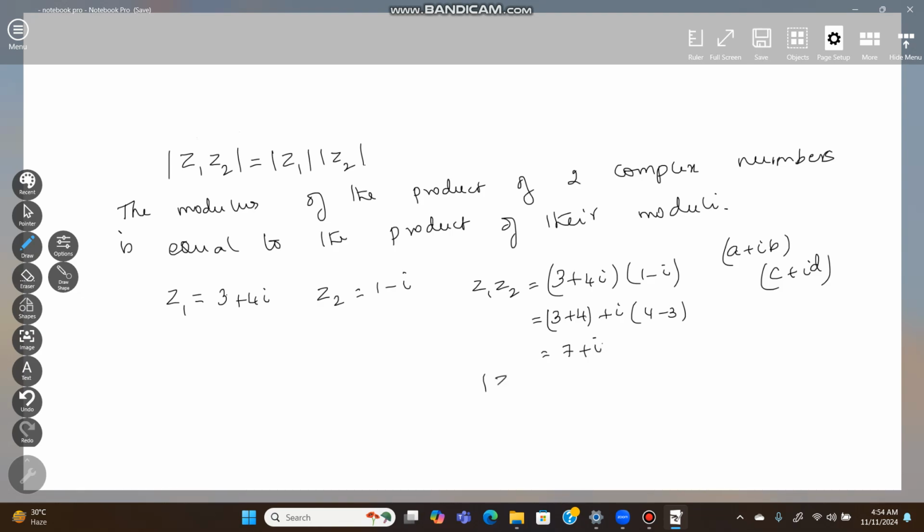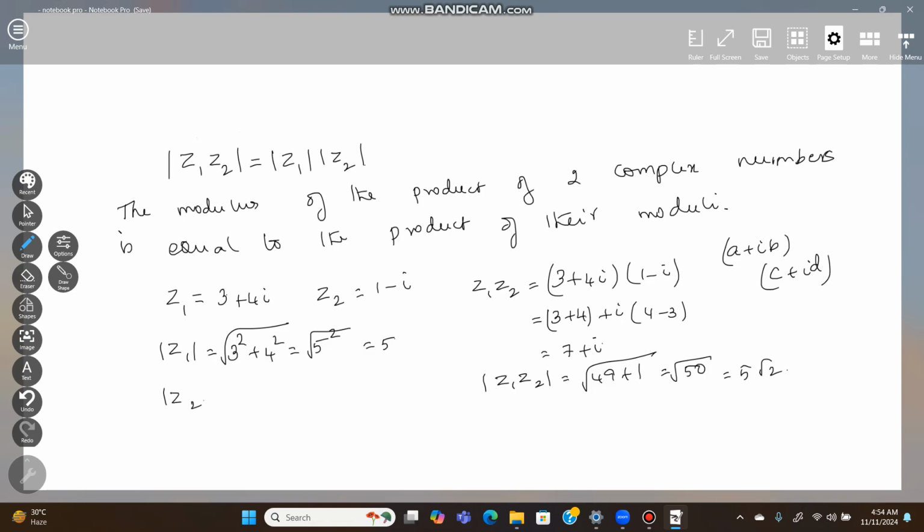Now, let me find out the modulus of this. Will it not be the square root of 49 plus 1, which is root 50, which is 5 root 2. Now, let me see what the modulus of Z1 and Z2 is separately. Mod Z1 equals the square root of 3 square plus 4 square, which is the square root of 5 square, which is 5.